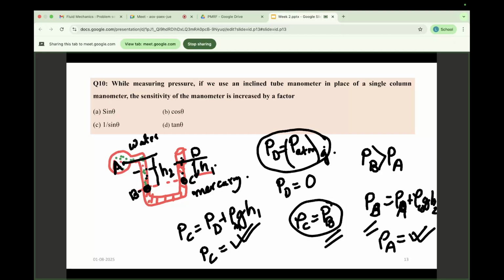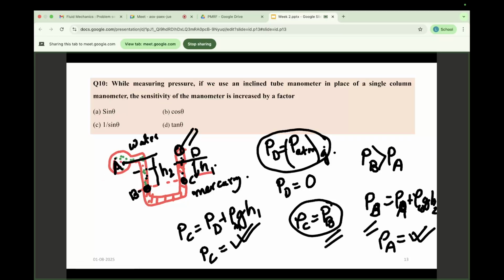Is it clear to everyone up to this? Yes or no? Okay, I hope that everyone understands this concept. So see, just knowing this atmospheric pressure, we have a scale. This is atmospheric pressure.